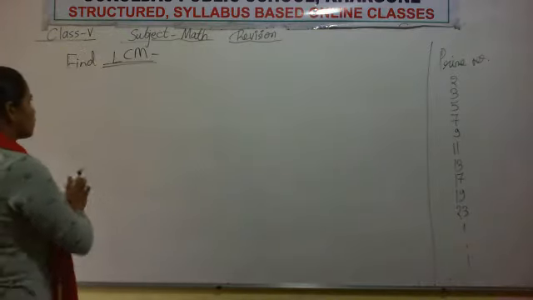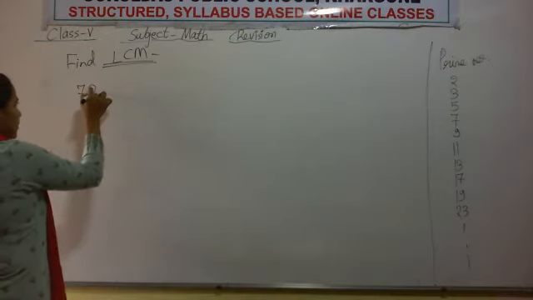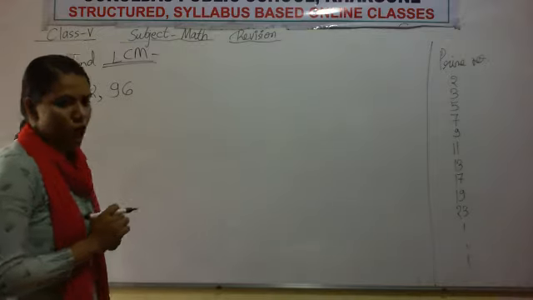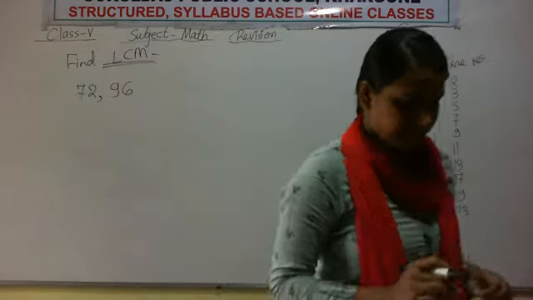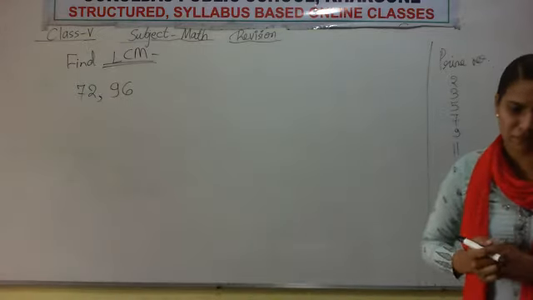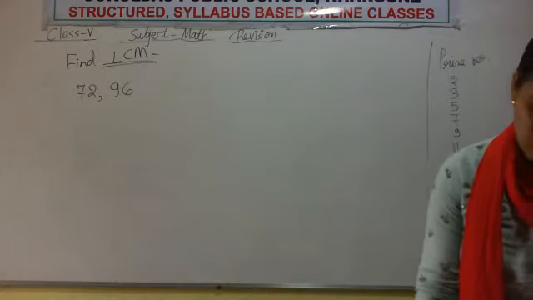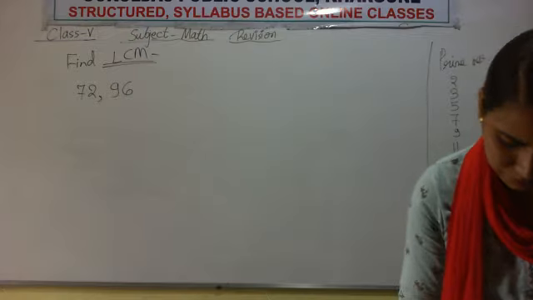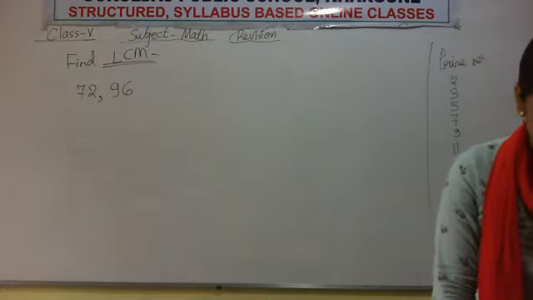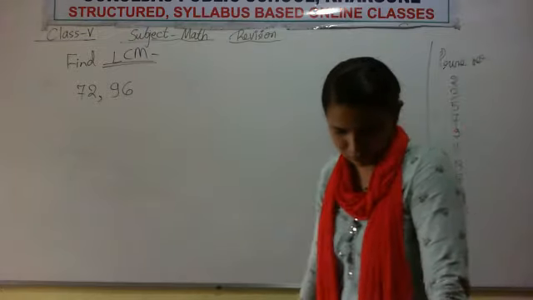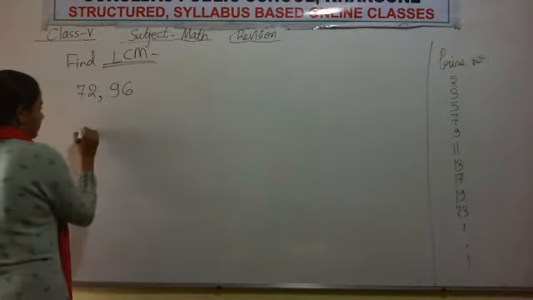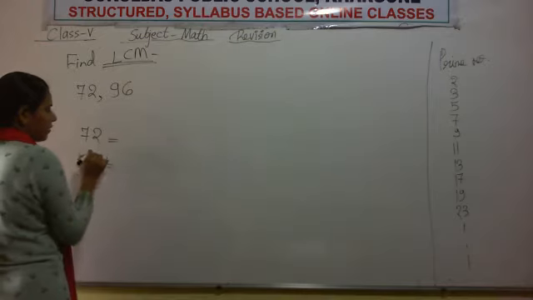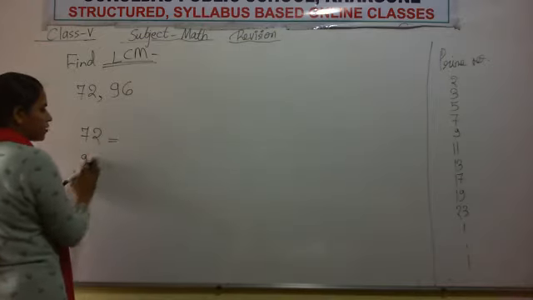Suppose your task is to find LCM of 72 and 96. To find LCM, you can use prime factorization method also. You can write factors of both the numbers.